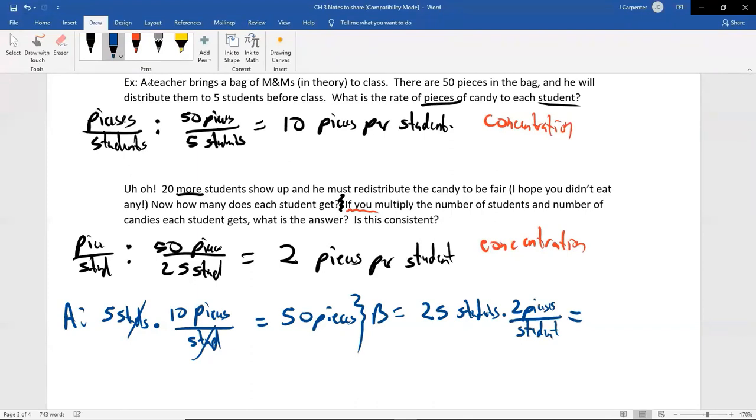That sounds weird, doesn't it? It doesn't make sense. So you can't miss anything. Students cancel like this though and you get 50 pieces. And that was a weird spelling, it looks like. P-I-E-C-E-S. Is this consistent? 50 pieces under case A, 50 pieces under case B, it is consistent.